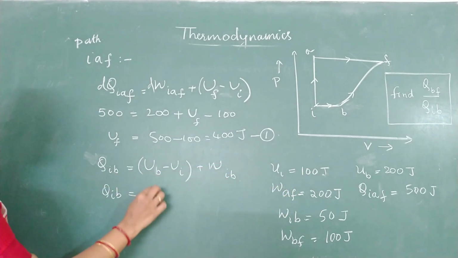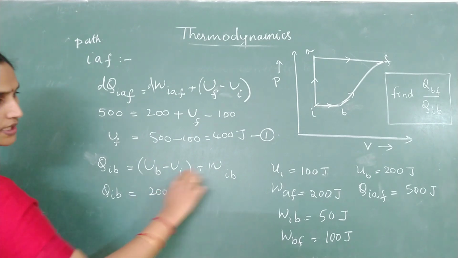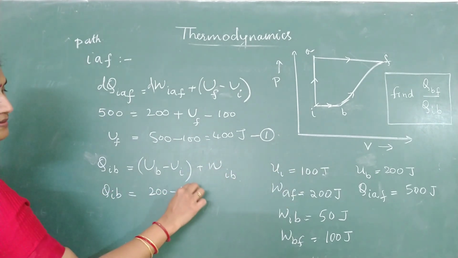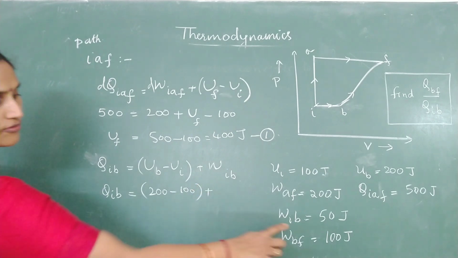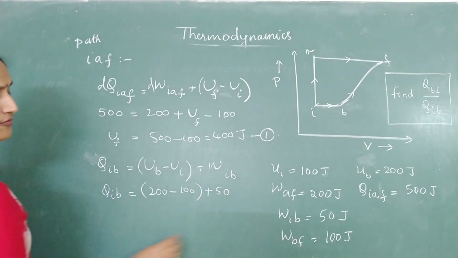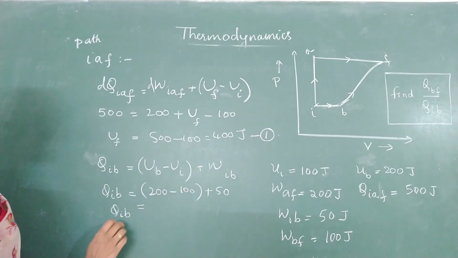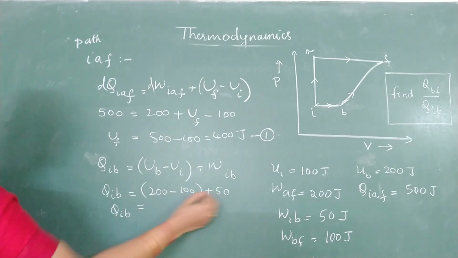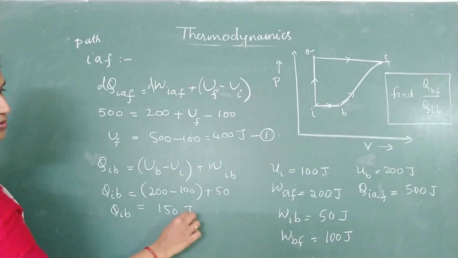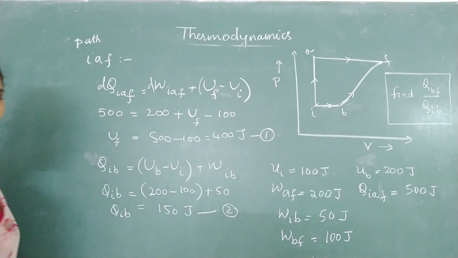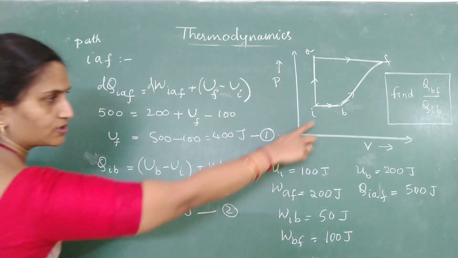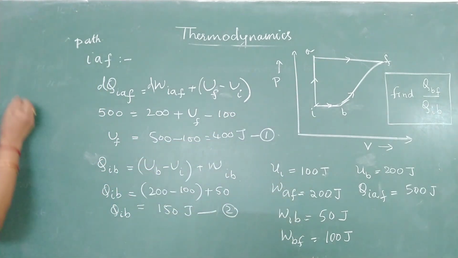What is UB? 200. Initial energy is 100. Plus work done from I to B, given as 50. So you will get QIB, the energy supplied from I to B, as 100 plus 50, 150 joules. Call this equation 2.